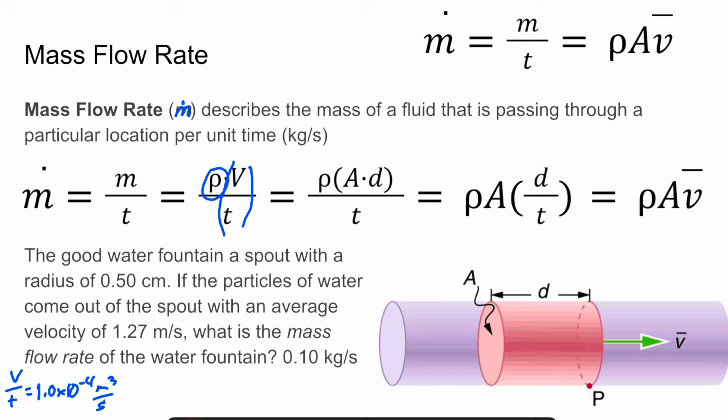And remember that the density of water is 1,000 kilograms for every meter cubed. So if we convert this into mass flow rate, our mass flow rate is going to equal 1,000 times 1.0 times 10 to the negative fourth, or 0.10 kilograms per second.